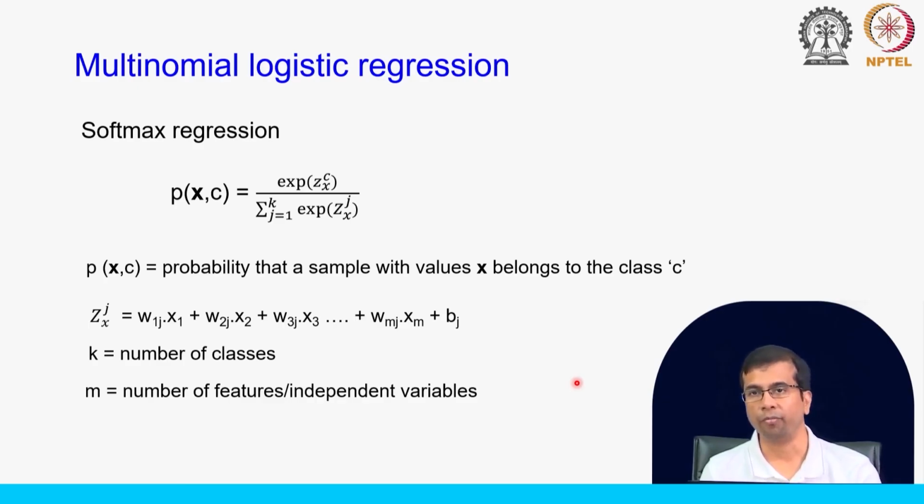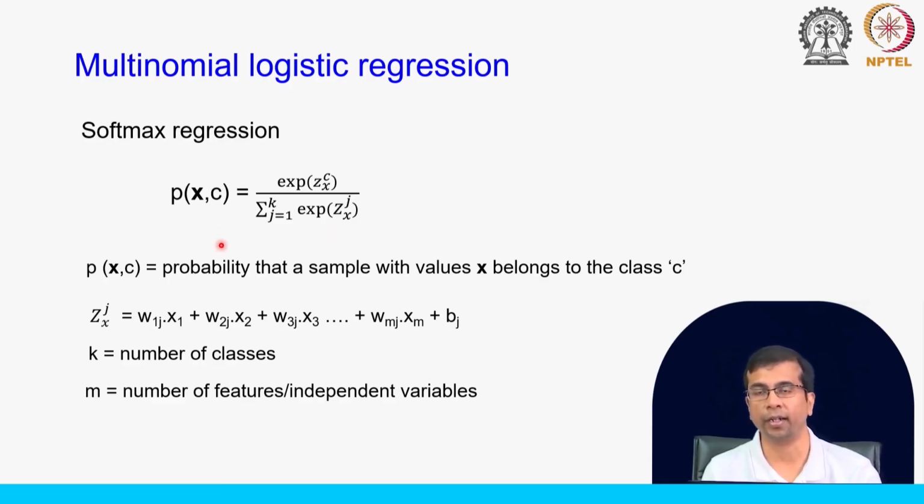So, what we are doing is simply measuring the probability that a sample belongs to class C, given by this function exponential z_C(x), which is again a linear function of the independent features, divided by the sum of exponential z_j(x). This is again an independent linear function of the independent variables, and we are taking the sum over all classes.